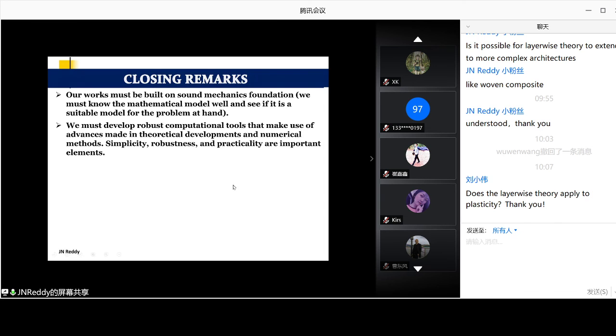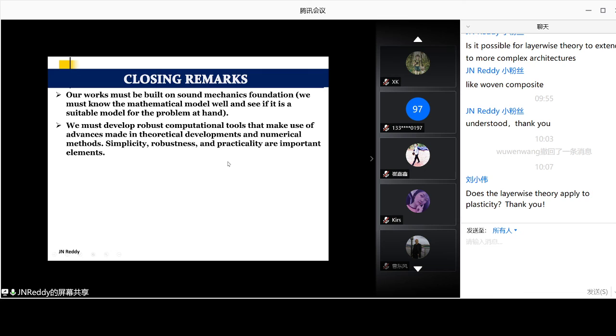But in all ways, engineers look for simplicity, robustness, and practicality. Simplicity means we don't want to burden ourselves to solve a problem. We don't have to go through enormous computational effort to get the results that we need to start the preliminary design. Robustness means whatever fixes you use should be good enough for all types of problems, not just good for one problem but not the other.